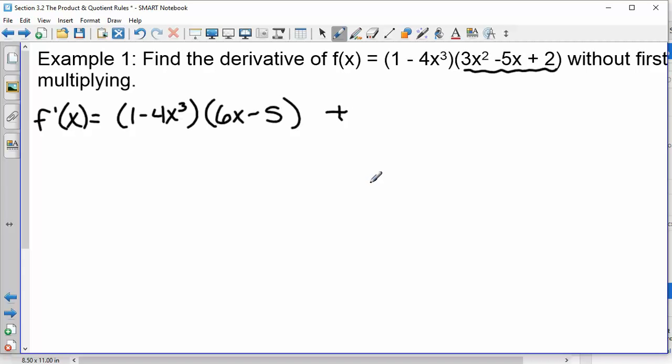Plus, now I'm going to do the derivative of the first parenthesis. So what's the derivative of 1 minus 4x cubed? Times, and this time I leave the second one alone.